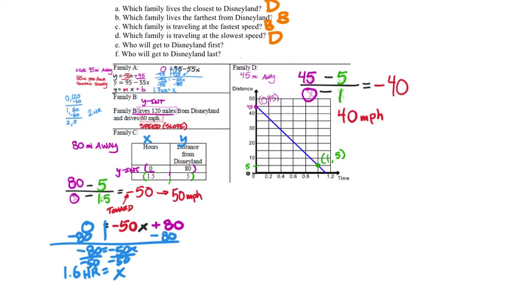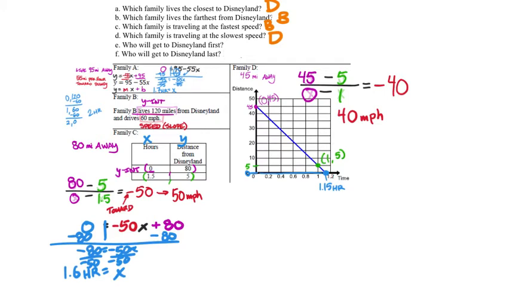And then for family D, you could write the equation for this, all right? But there's no need for it because, remember, we're just looking for where the distance is 0, and we already see the distance being 0 right here. So that's right on the x-axis, right there. Now you could say that's, I don't know, like 1.5. That's not really going to matter because however you estimate that, it's still less than 1.2 hours right there.